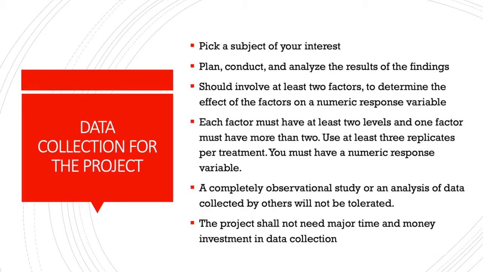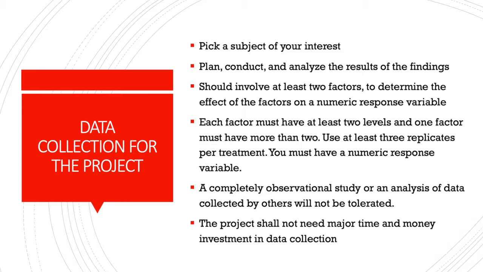Okay, the guidelines for the data collection for the project. First, pick a subject of your interest that I'm going to list down after this. Second, plan, conduct, and analyze the results of findings. But it should involve at least 2 factors to determine the effects of the factors on the numeric response variable. Bear in mind that each factor must have at least 2 levels, and one factor must have more than 2.